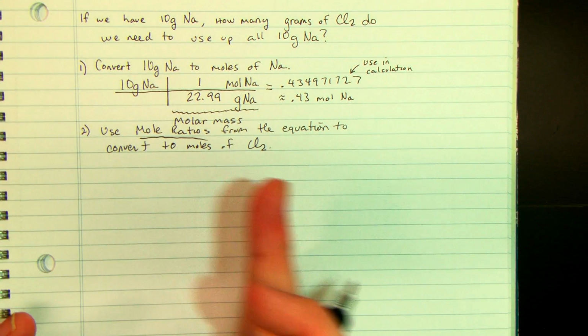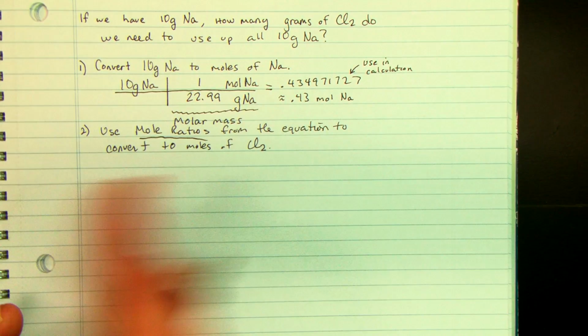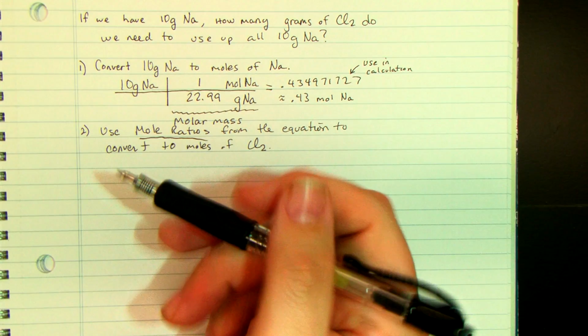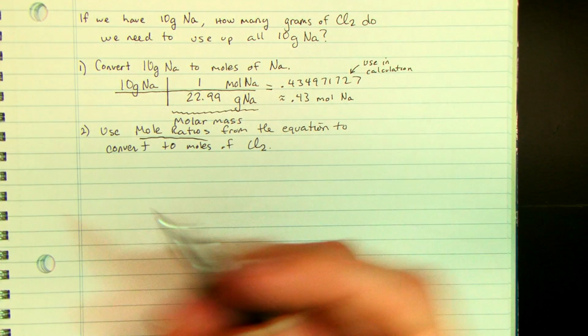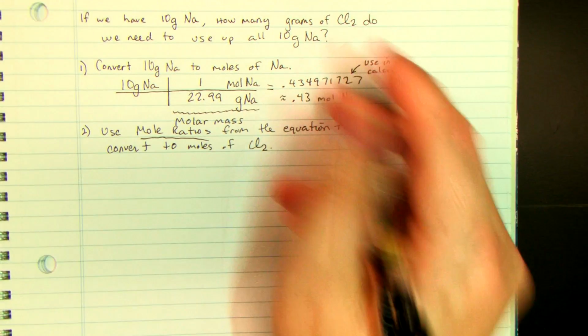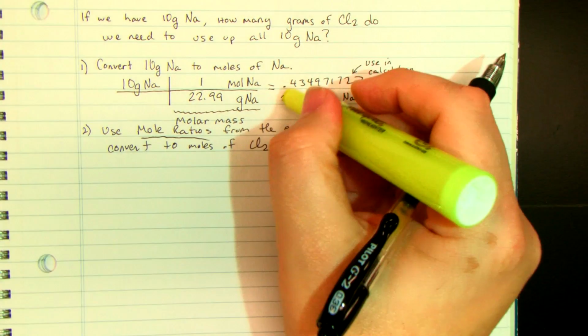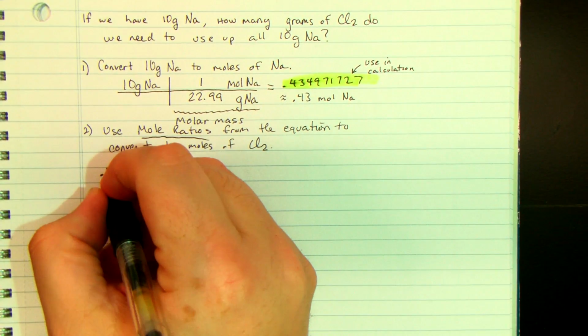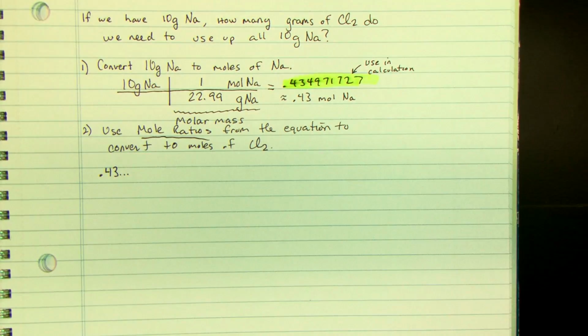So if you understand the processes, you're good to go. And that's a lot less to remember than trying to remember each individual case. The process alone will take care of that. Now, we are going to use this amount. I'll just write it as 0.43 with a couple dots at the end of it. Moles of sodium.